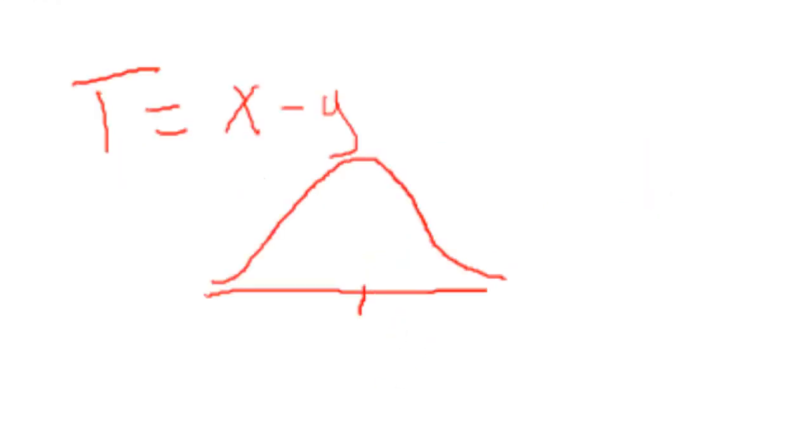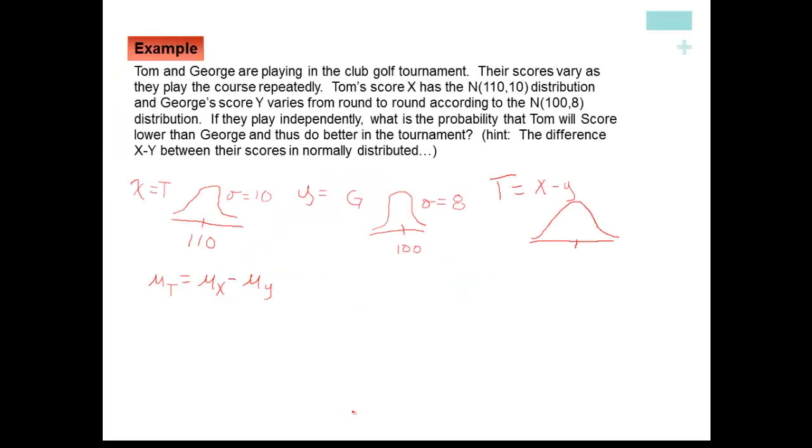And I want to find the distribution that will be the difference between the scores, which I'll call T. The mean for T will be the mean of x, which are Tom's scores, minus the mean of y, which are George's scores, which would be 110 minus 100, which would equal 10. So I'll fill that in on my distribution over to the right.